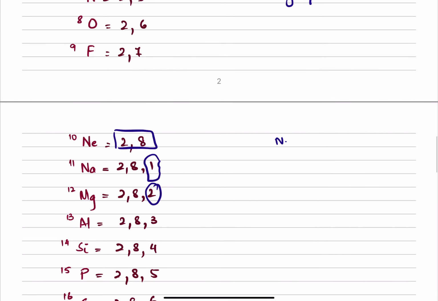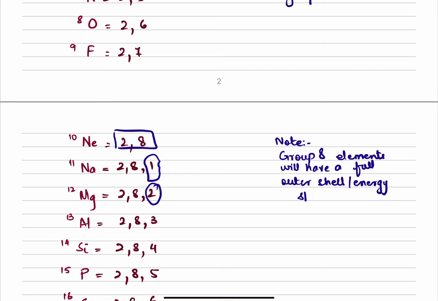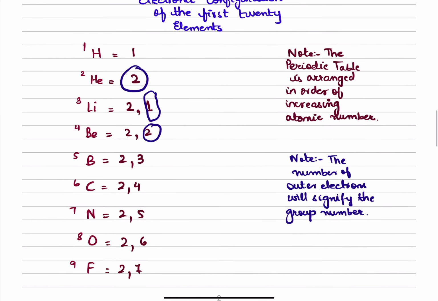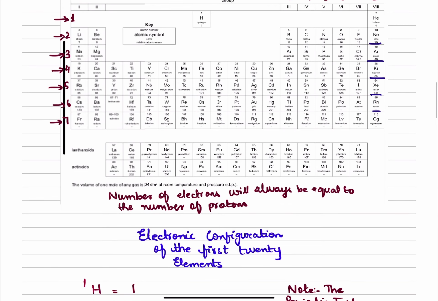So note, group 18 elements, group 8 elements will have a full outer shell or energy level. As we can see, helium, neon, argon, they all have a full outer shell.